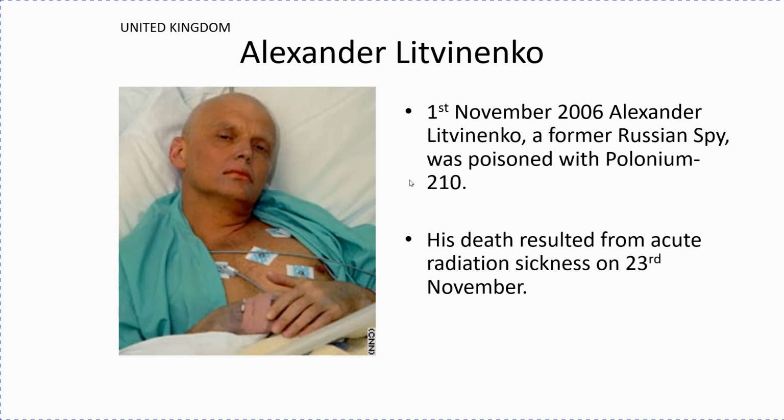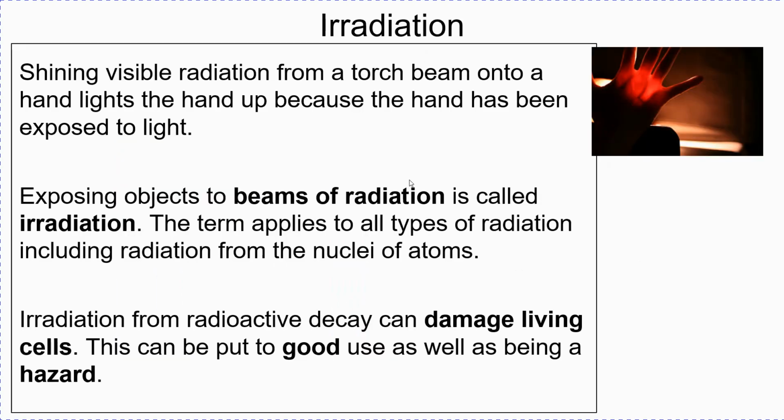So within a very, very short space of time, his cells became ionised, and he died from radiation sickness. He was poisoned on the 1st of November, and by the 23rd of November, he died. So inside your body, it's really, really dangerous.